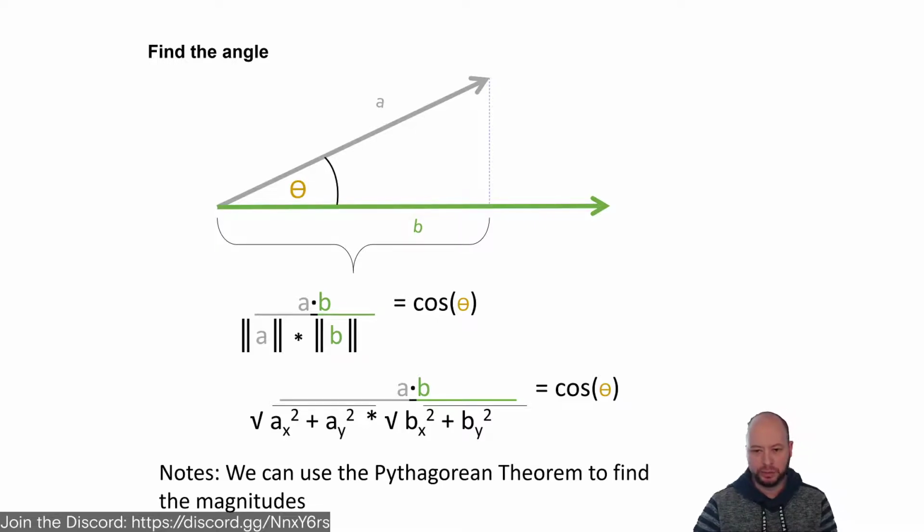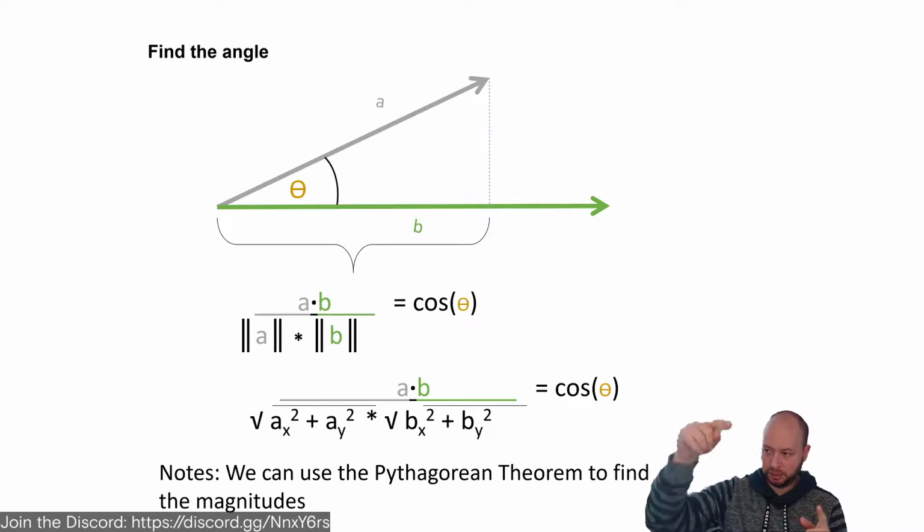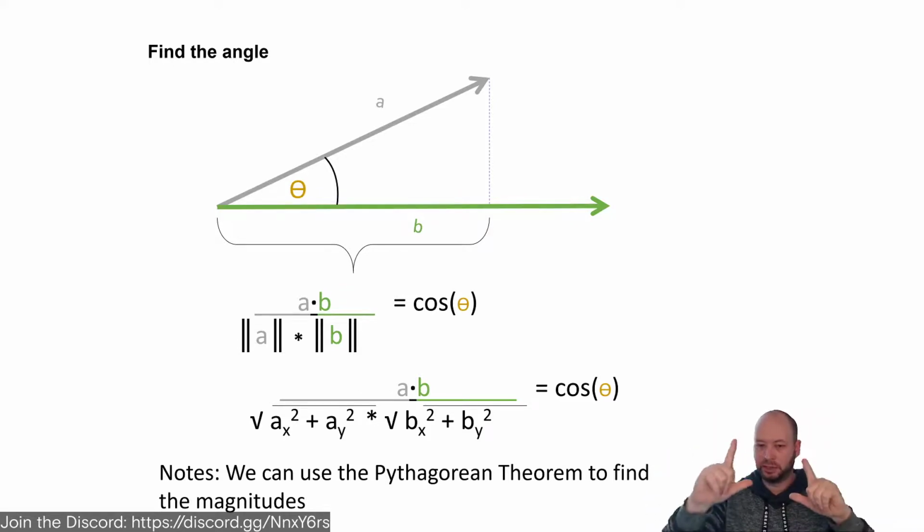Another thing you'll notice here is what's really powerful about the dot product is you can use it to effectively project the top vector onto the bottom vector. And this is something that's used a lot, where if you think about the triangle from A to B, that creates a little mini triangle there.